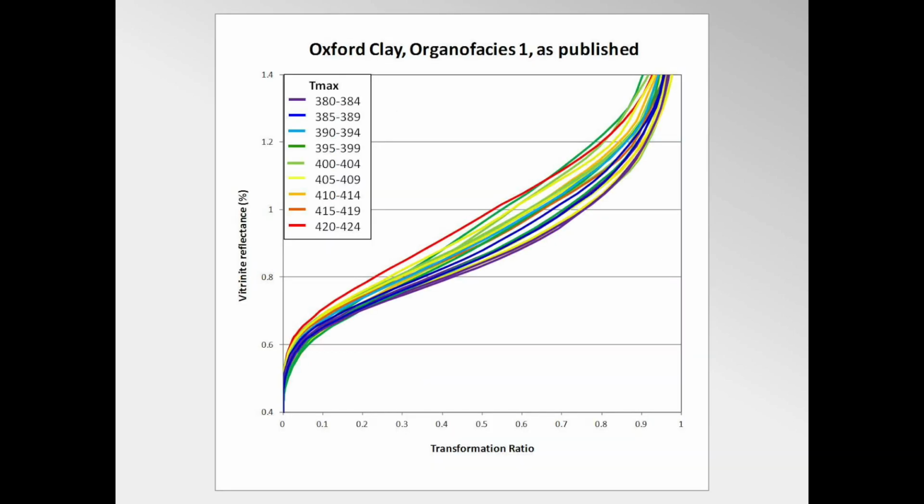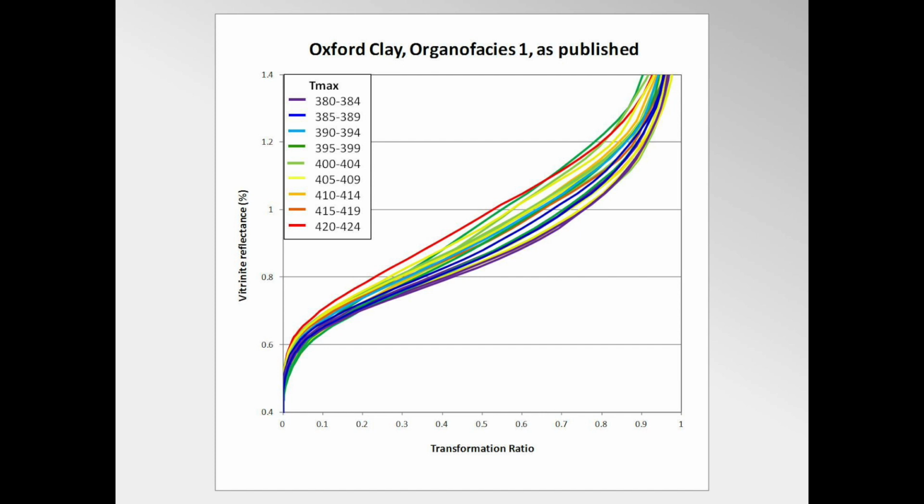This plot shows the calculated vitrinite reflectance versus calculated transformation ratio for the 25 samples that fall in what I've called organophases 1, the blue samples on the previous slide. This set of data has been color-coded here by Tmax values, with the purple colors and blue colors representing the lowest Tmaxes, that is the least evolved kerogens, and the red colors representing the highest Tmaxes, or in my view, the most evolved kerogens.